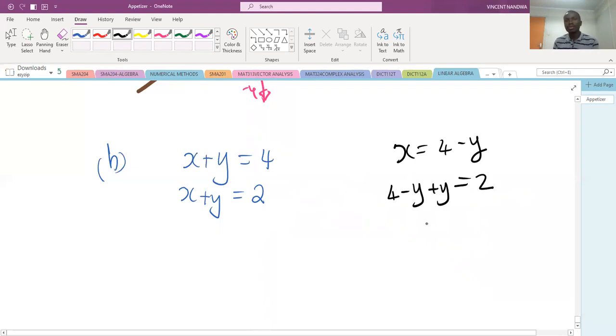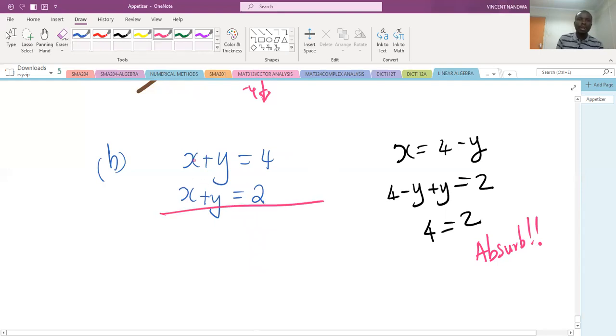Minus y plus y is 0, so 4 equals 2. This is an absurdity. There's no way 4 can be the same as 2. Or even if you solve by elimination, x minus x is 0, y minus y is 0, so 0 equals 2. This is still another absurdity. So this set of 2 equations has no solutions because of this absurdity.